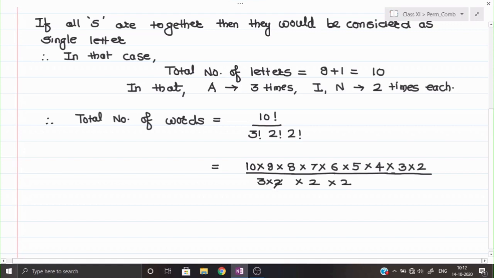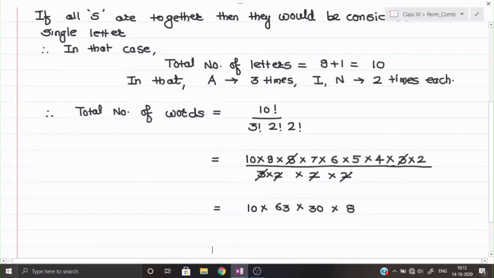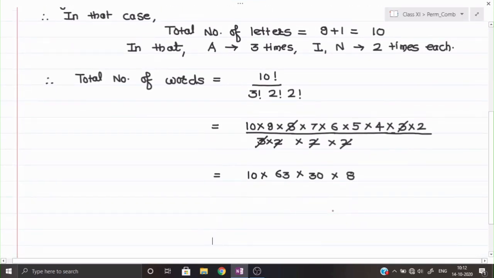So 2 into 2, 4 into 2, 8, and this 8 I can cancel easily. Similarly this 3 and 3 also I can cancel. So 10 into 9 into 7, that is 63, 6 into 5, that is 30, and 4 into 2, that is 8. Okay, right? 9 and 7 I have multiplied, 6 and 5 I have multiplied, and 4 and 2 I have multiplied.